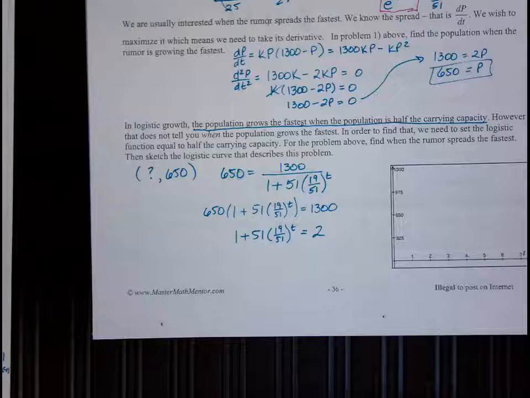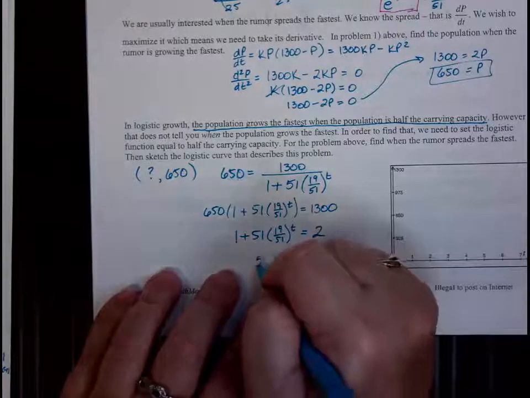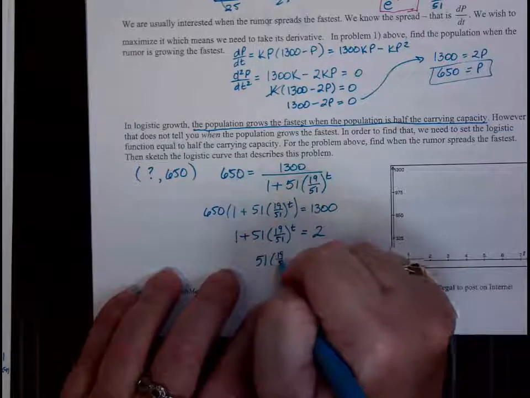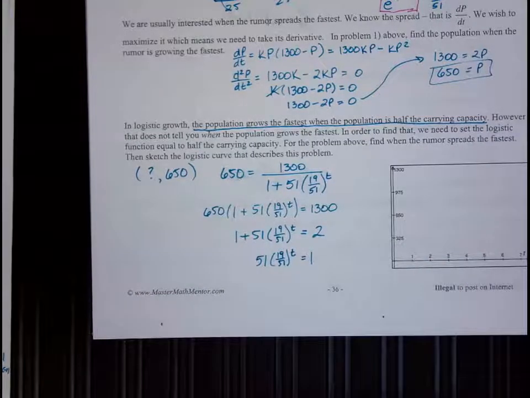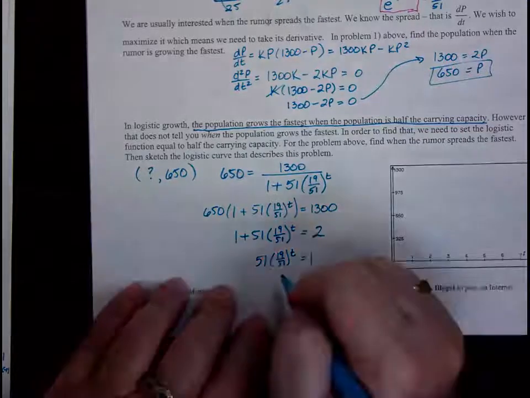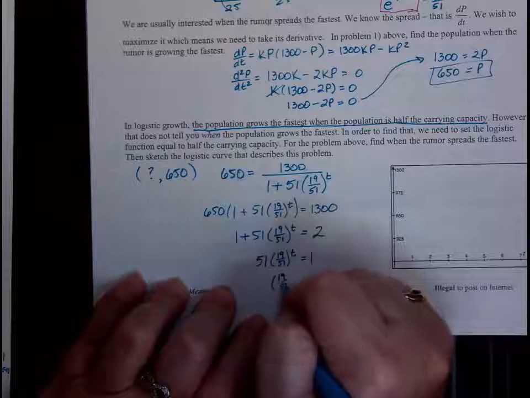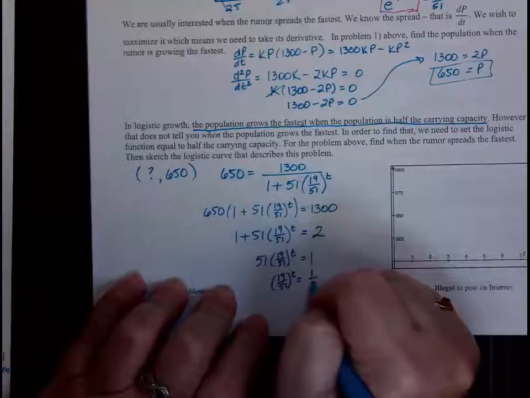Subtract the 1: 51 times (19/51) to the t equals 1. I'm going to stop for just a second because I know some people need to catch up. What's the next step? Divide by 51. So (19/51) to the t equals 1 over 51.